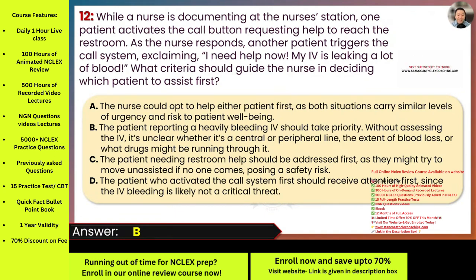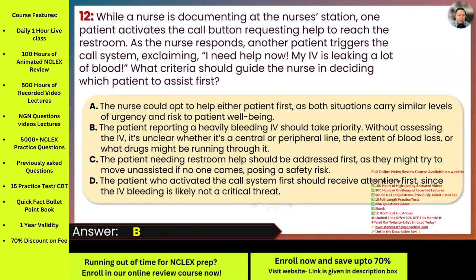Now, the bathroom request can be delegated, or it can be briefly delayed, whereas the circulation issue requires urgent attention. So the key point in option B is that when you face these two patient needs, you have to prioritize the severity, not the order of the request.